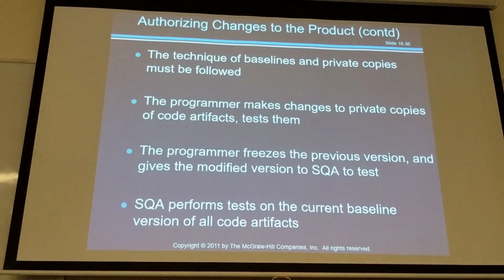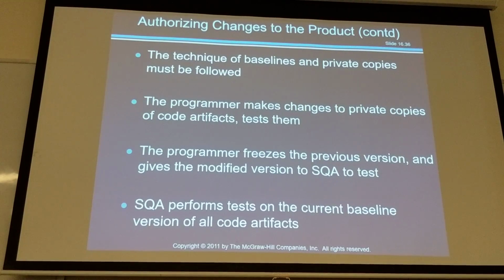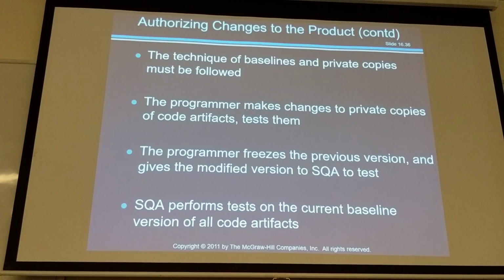You pull the version down into your own private repository, check out the copy, work there, check in that copy, and conduct your unit testing and all the comprehensive tests on this copy until you are sure you want this code to be reviewed by others.